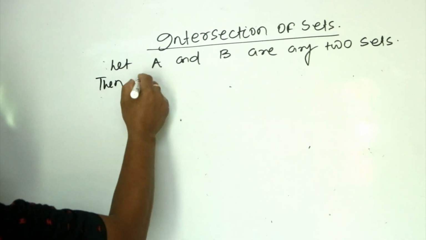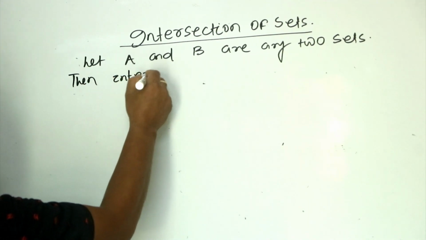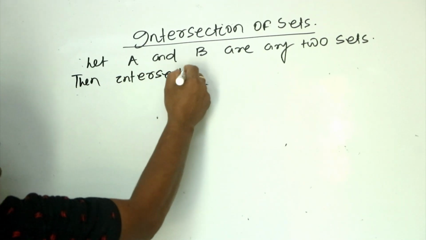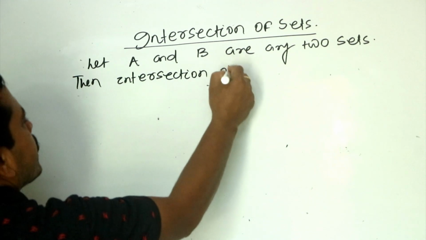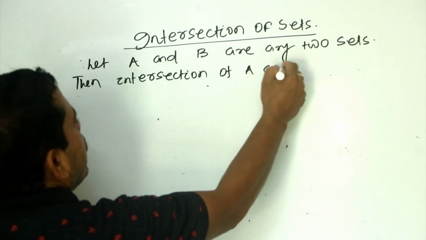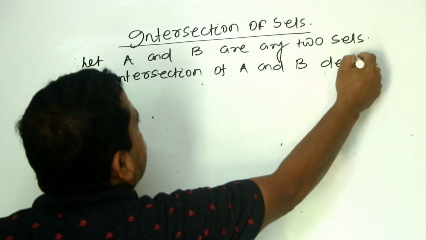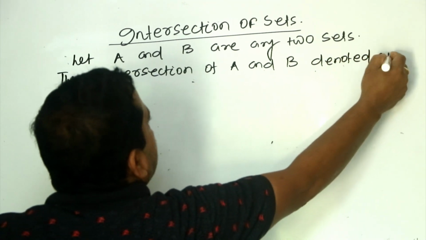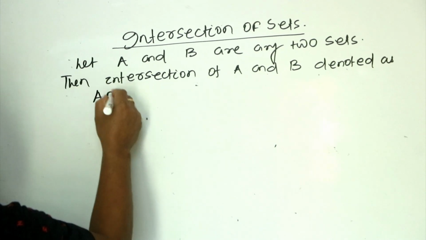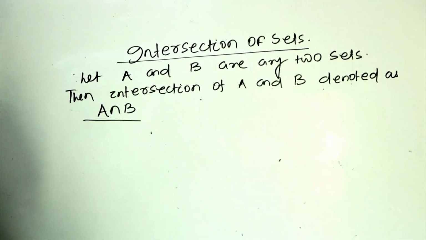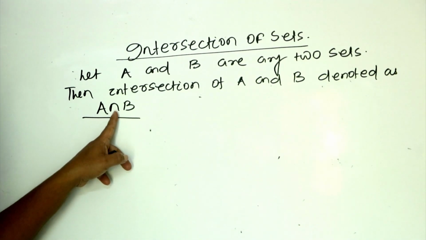Then the intersection of A and B is denoted as A intersection B. This symbol is used for the intersection.